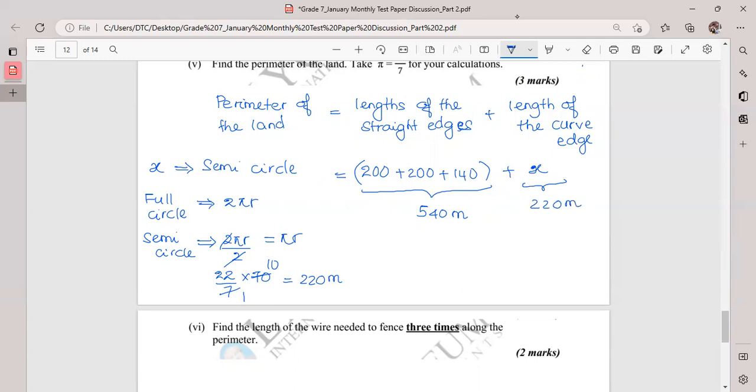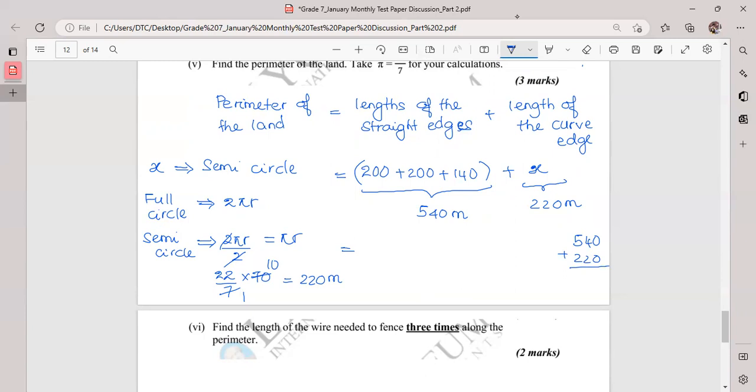So when you add them together, what will be the answer? If needed, you can use the working column part: 540 and 220, you add them together. So πr means 22 over 7 multiplied by 70.